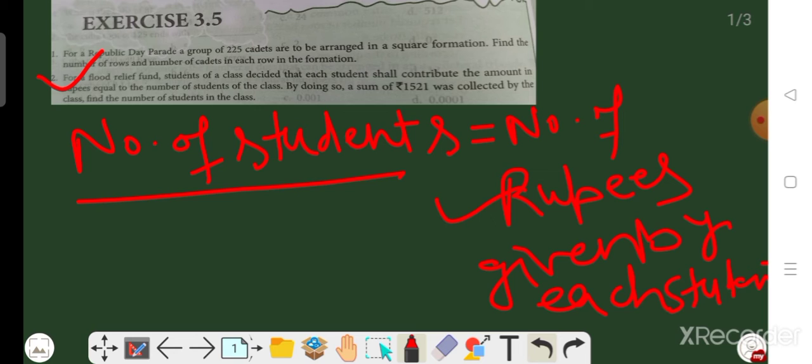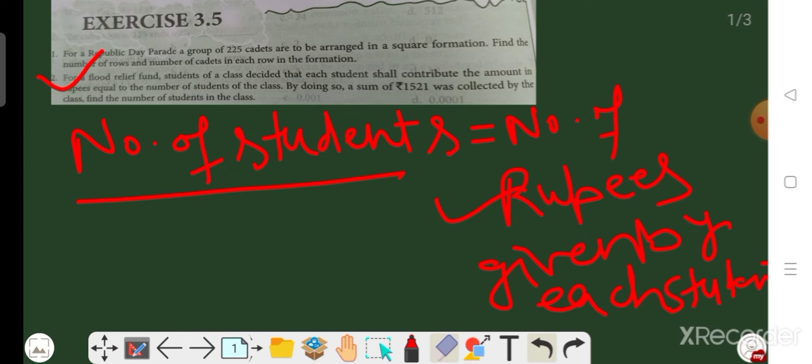If there are 10 students in the class, then each student contributes 10 rupees. And if there are 19 students in the class, then 19 rupees are given by each student. So we have to find the number of students in the class.